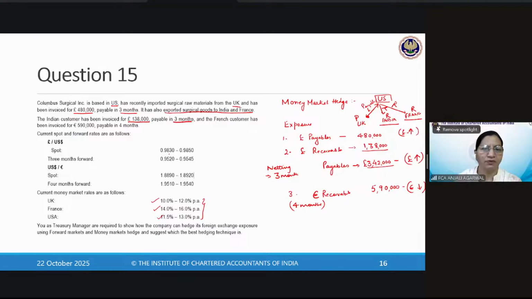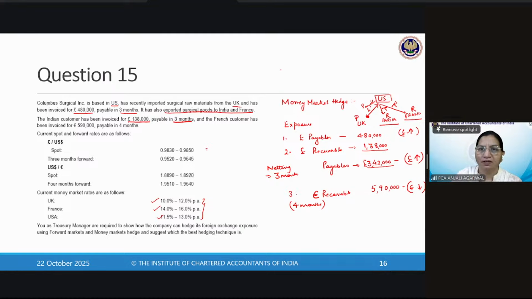1 pound is equal to US dollar, or is it 1 US dollar equal to how many pounds? Is it a direct or an indirect? Indirect. From whose perspective are we going to look at this? US.